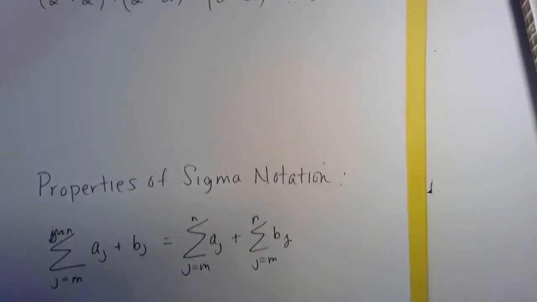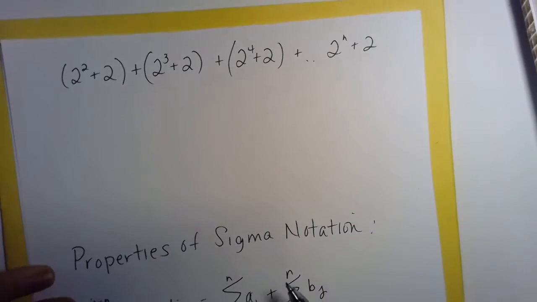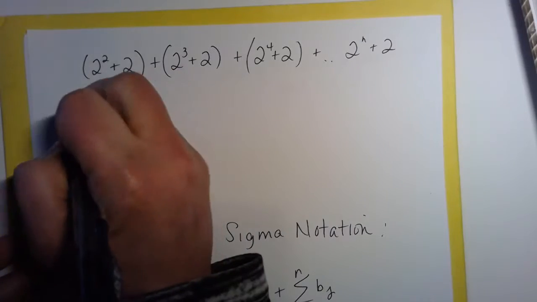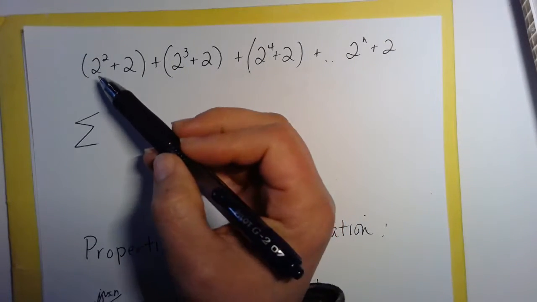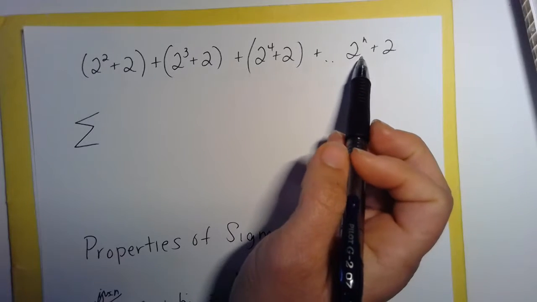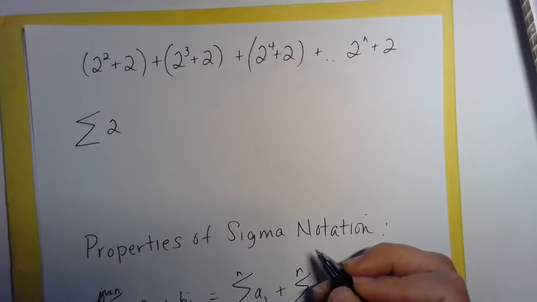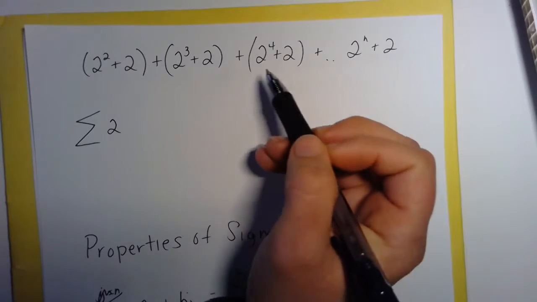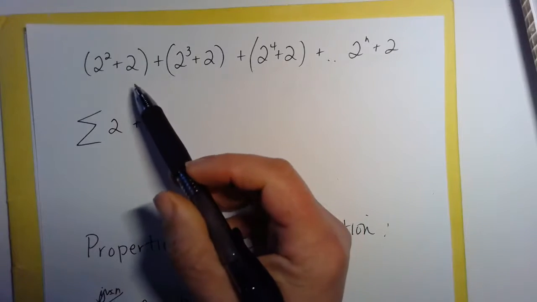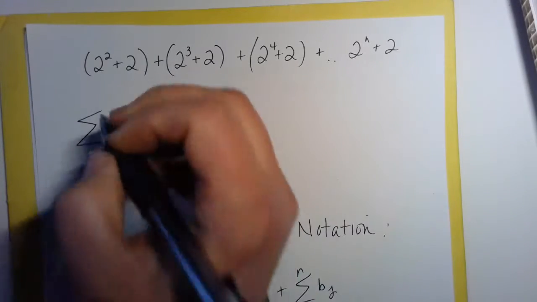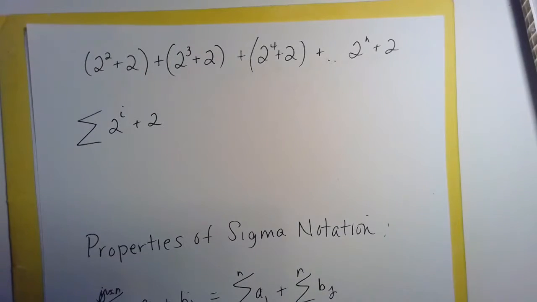All right, so let's do one more of these. I notice that my front terms are all 2 to a power, and then the 2 stays constant at the back. So I am going to make a choice and say I'm going to start with 2 to the i.